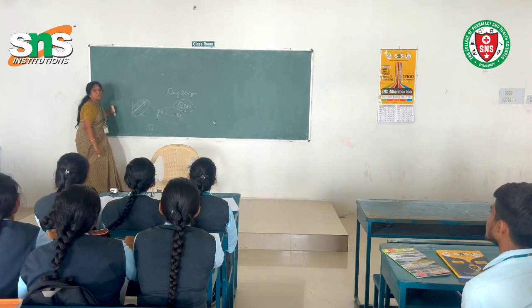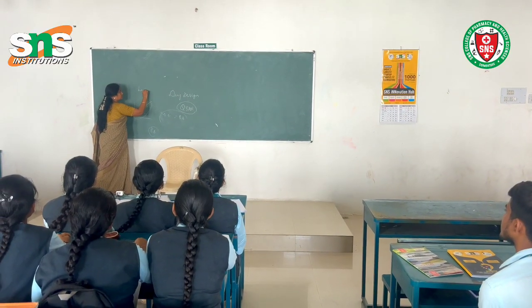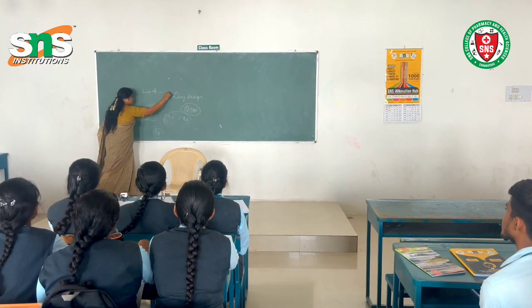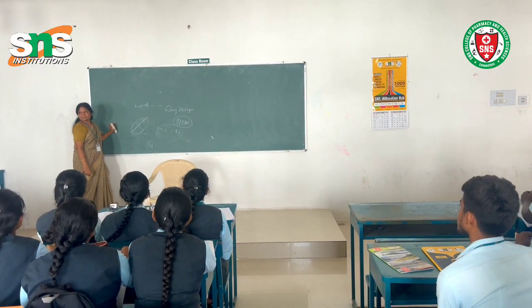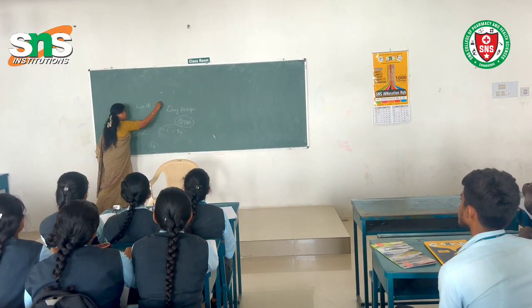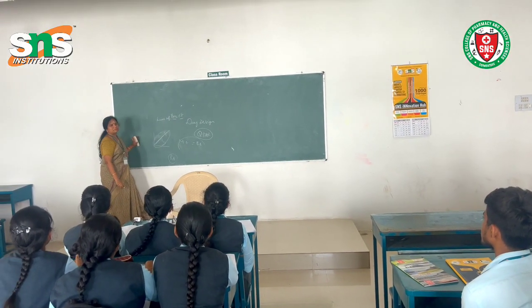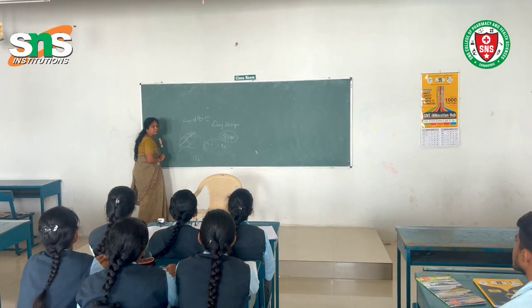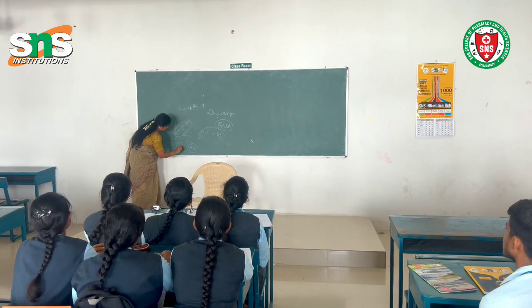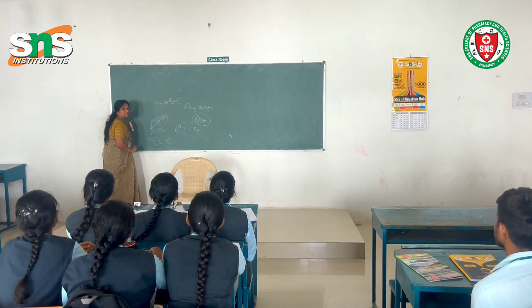This line is called the line of best fit. That means we are taking X compounds. The substituents in the X compounds are equated.